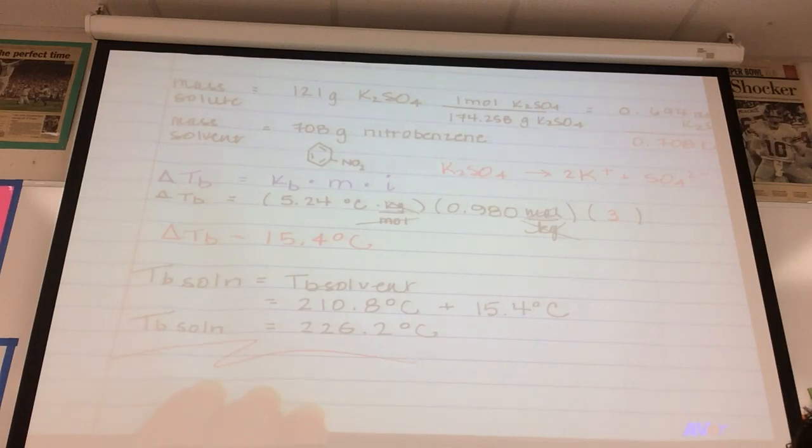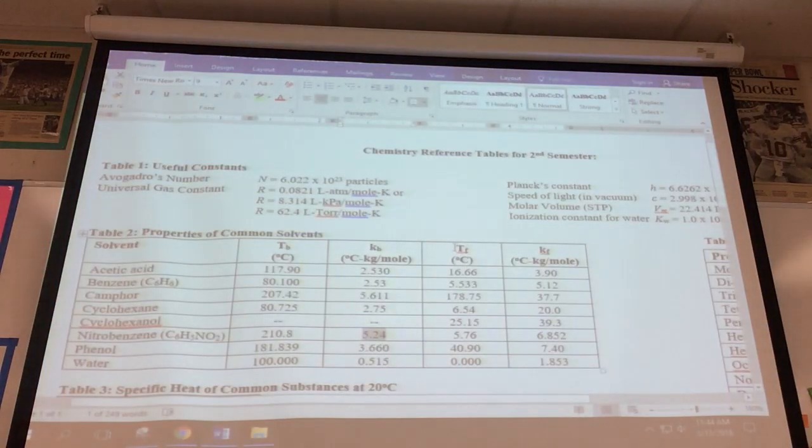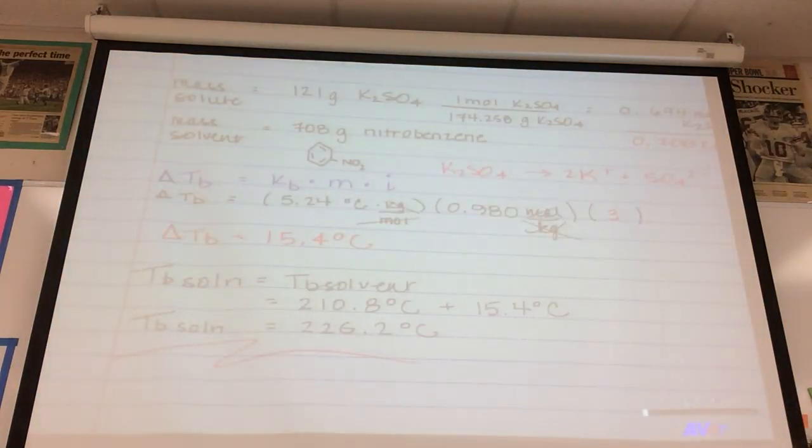Another colligative property is freezing point depression, and though we're going to finish here today, I want you to think for a minute. Your freezing points for your solvents are shown here. Here's your molal freezing point. How might freezing point depression differ from boiling point of the solution?